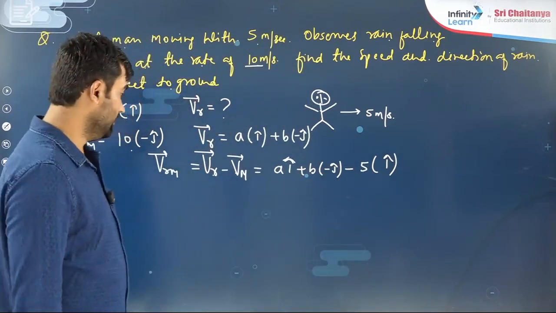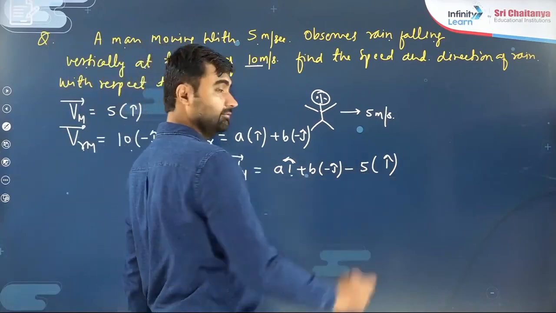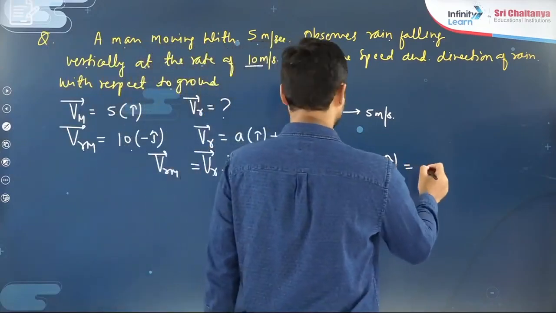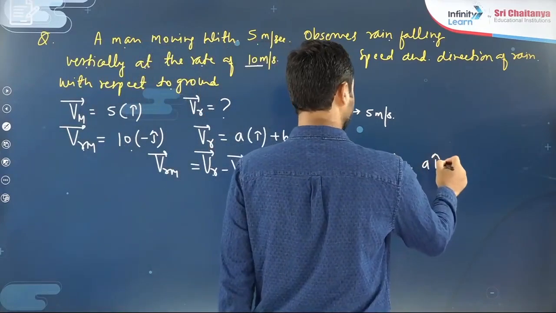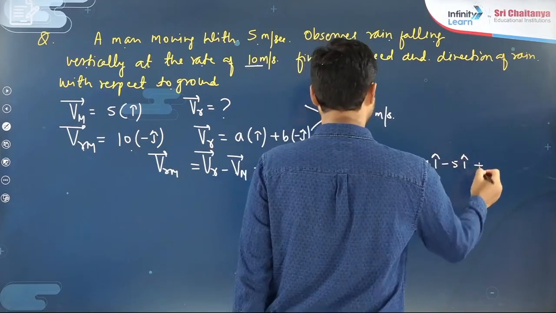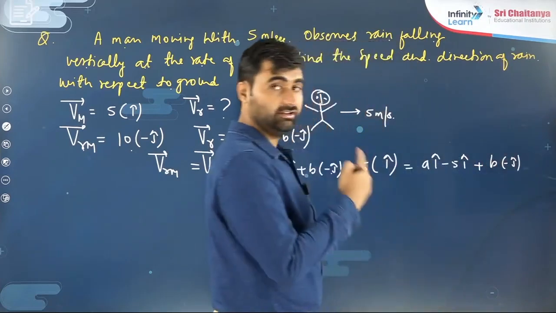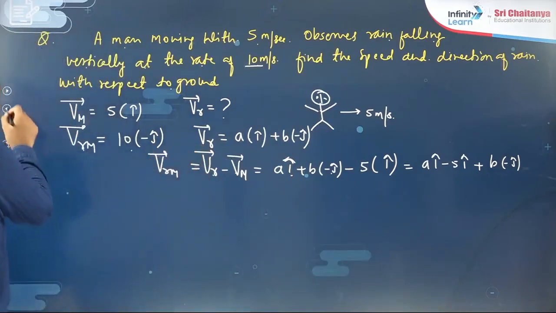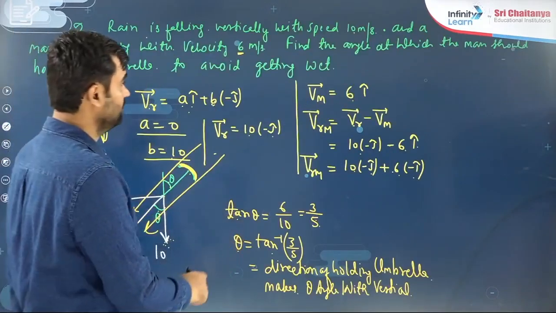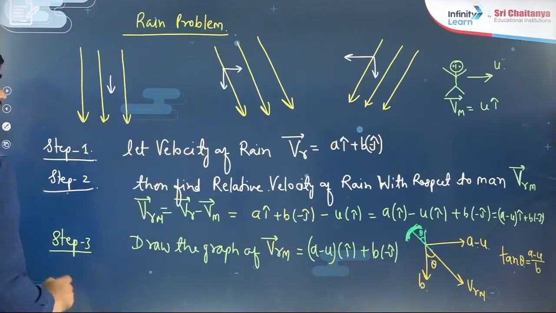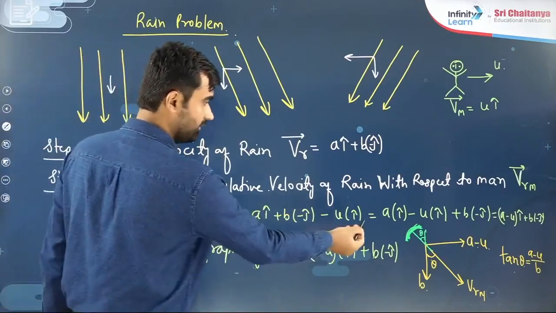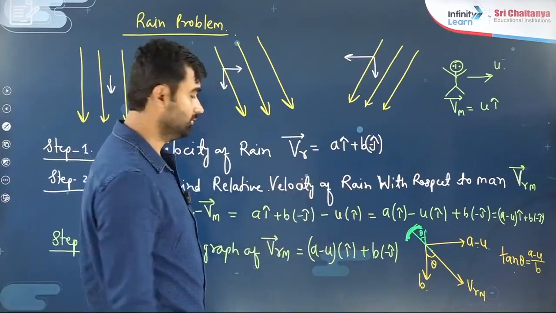Now i cap terms we can write together. So a i cap minus 5 i cap plus b minus j cap. Whatever I derived initially, same solution. How I derived it, how I explained, like this only. Same we are doing. Okay.